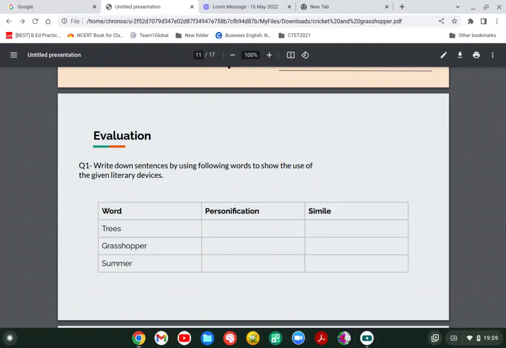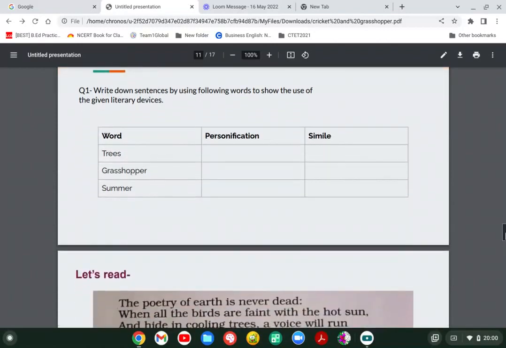So basically I am giving human-like attributes to the tree, so that is personifying the trees, right? And if I have to create it into a simile, it will become my father is like a tree. So like is basically used to show a comparison between tree and father, right? Very good, class. Same way you will be making for the grasshopper in summer. Okay.